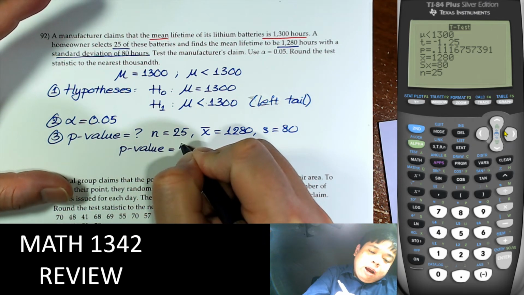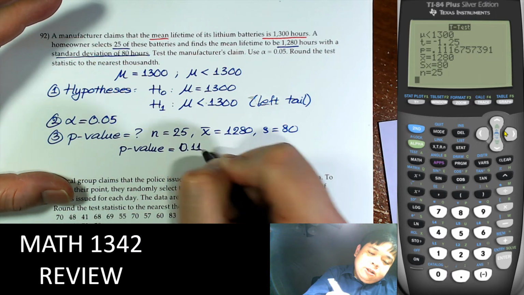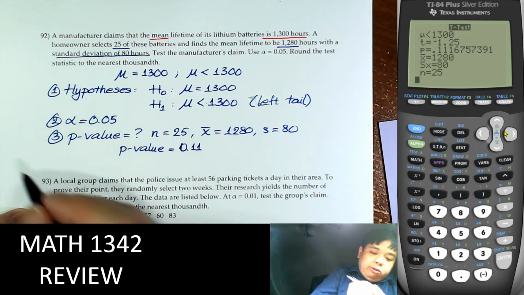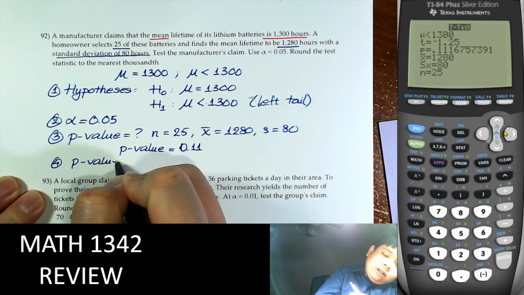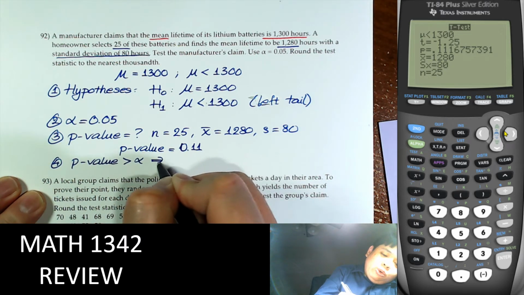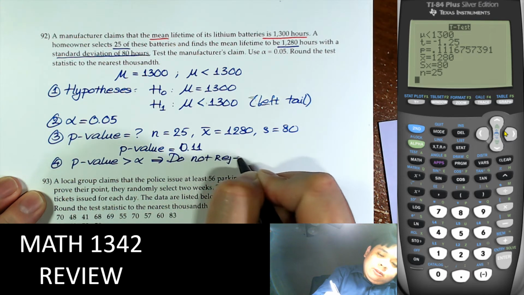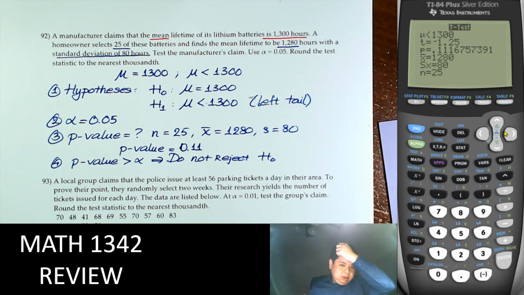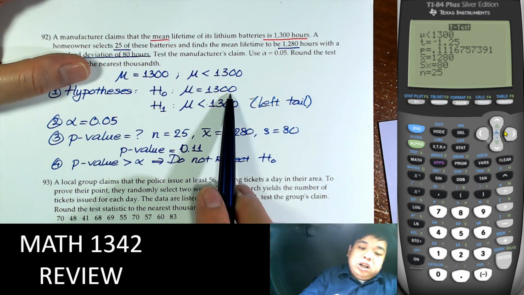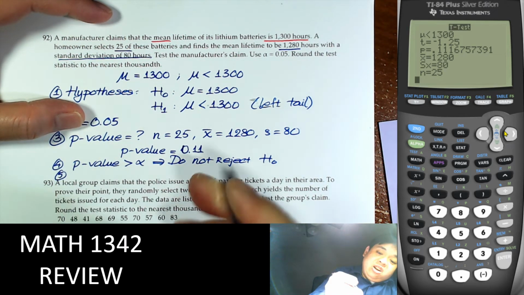As I said, on all of our problems, we use the p-value. Because the p-value is bigger than alpha, we do not reject the null hypothesis. That means there is not enough evidence to support H1. That means the claim is good.